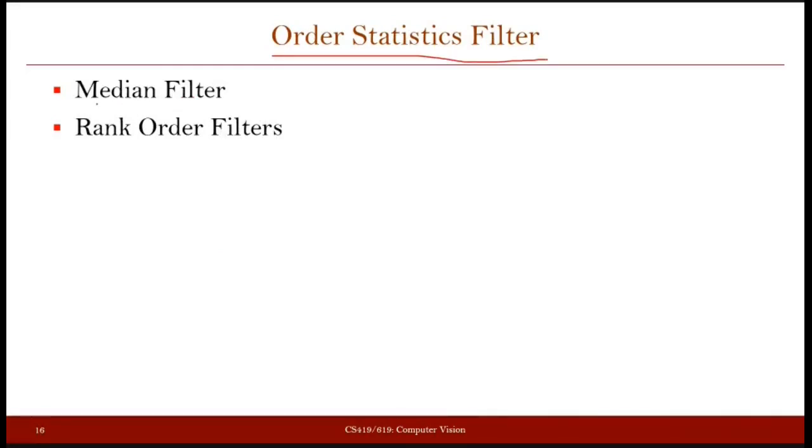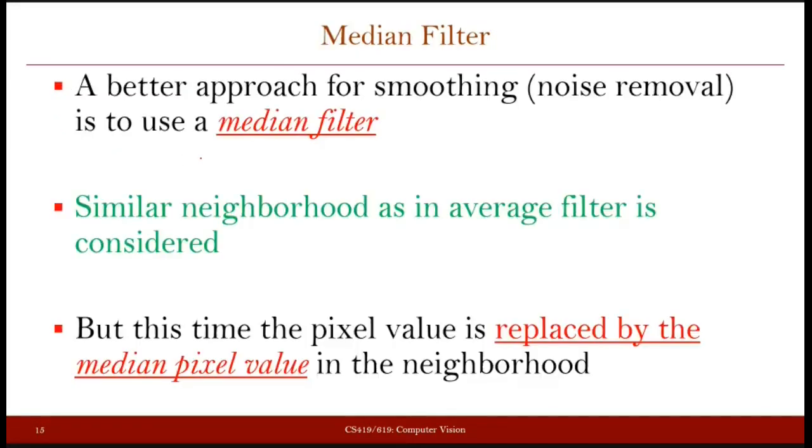So we'll see the median filter, and then later we'll see the rank order filter. In case of the median filter, when we do the filtering, we don't compute the mean of the values that the neighboring pixels have. We compute the median of those values, and because of this median, we will be very easily able to handle the issue that we have in case of the average filter.